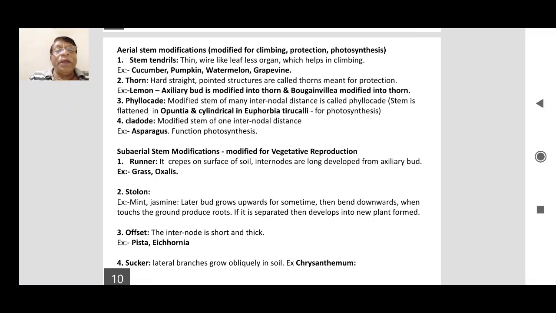Next, subaerial stem modification. If we examine the stem, sometimes stem is neither underground nor above the soil. It is found on the surface of the soil. Such a stem we call subaerial stem. Such a stem is modified mainly to take part in vegetative reproduction or propagation.